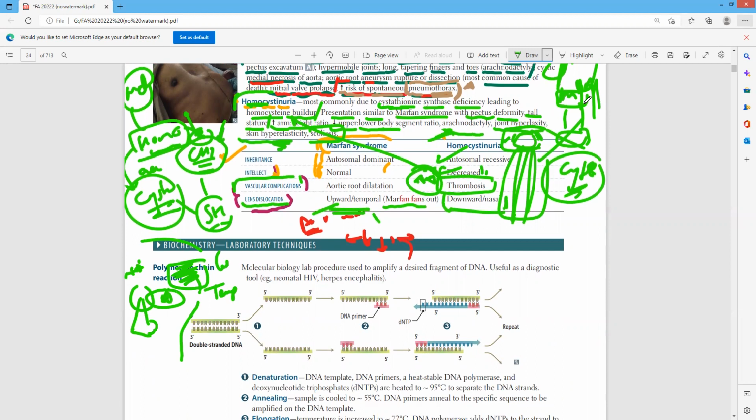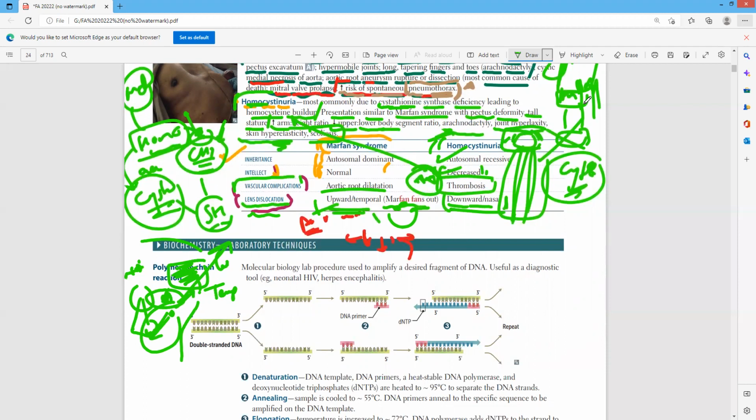So here you have the lens. If the lens goes in that diagonal, upward and temporal, this is Marfan, and remember Marfan fans out upward and temporal. But for lens dislocation of homocystinuria, you will have it downward and nasal.